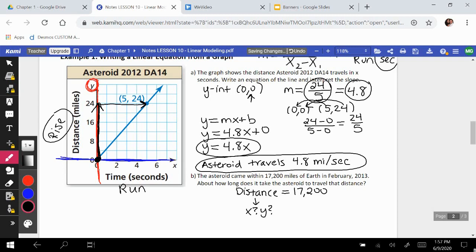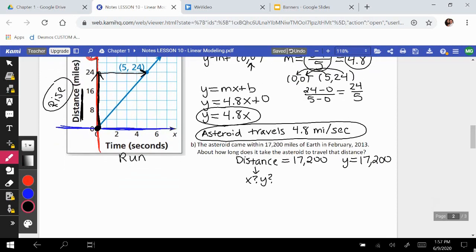Let's look at the axis. The axis, we see that distance is actually going to be our y values. See how that's the y-axis? So we know that y is equal to 17,200. So in our equation, y equals 4.8x, all I have to do is plug in the 17,200 for y to solve for x.